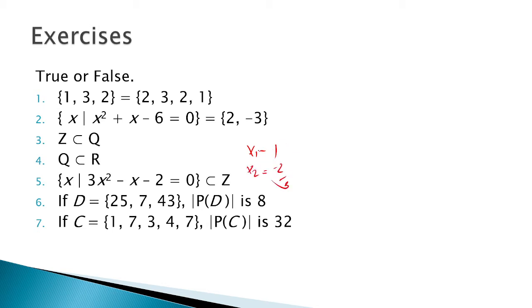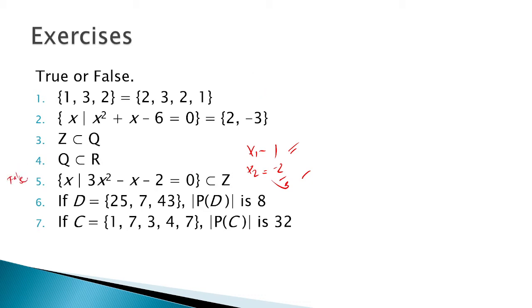Now, let's check. Are these elements, 1 and negative 2/3, integers, are they part of the set of all integers? This one, yes. This is a member of set Z. How about negative 2/3? Is negative 2/3 a member of set Z? No. So, therefore, number 5 is false.